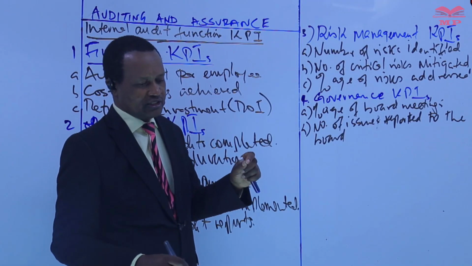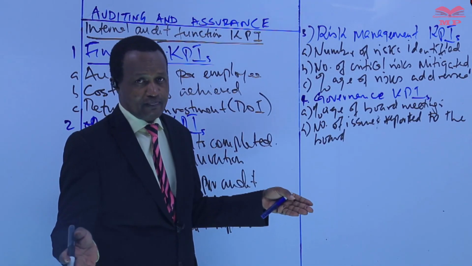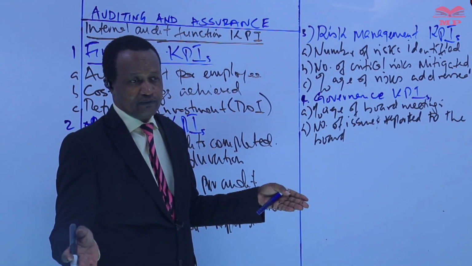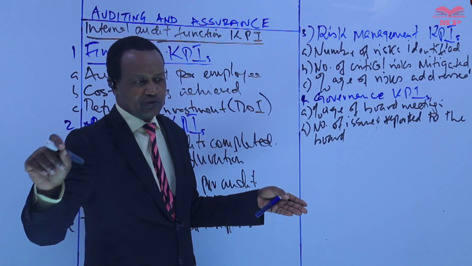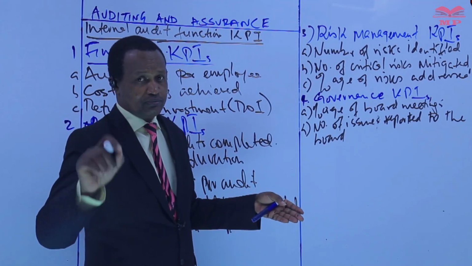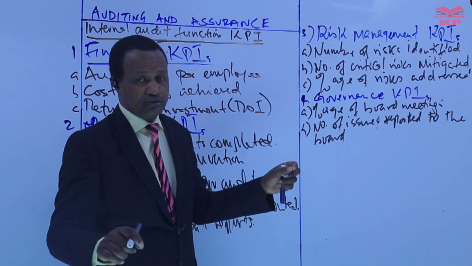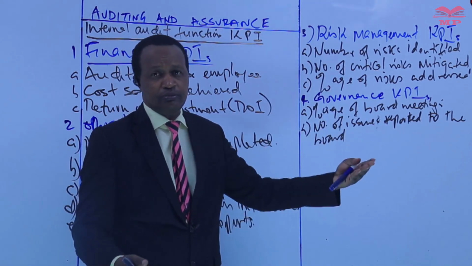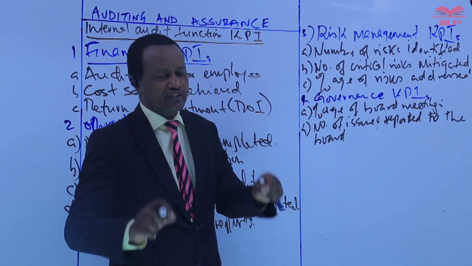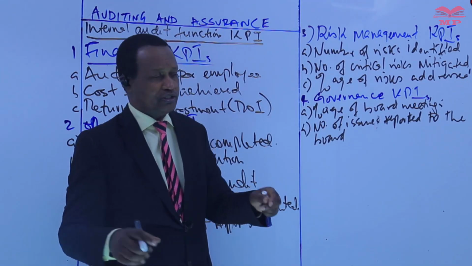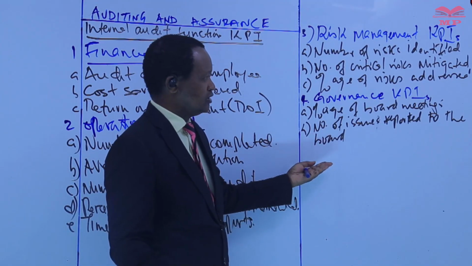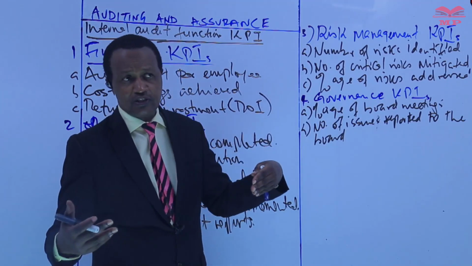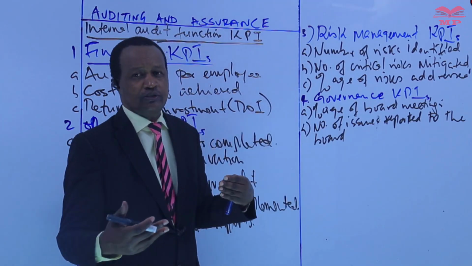Because that is what is expected. The internal audit function has a responsibility to report any significant issues to the board, because it's possible to identify issues but not report to the board. So in measuring effectiveness, we just count the number of issues that the internal audit function reported to the board.